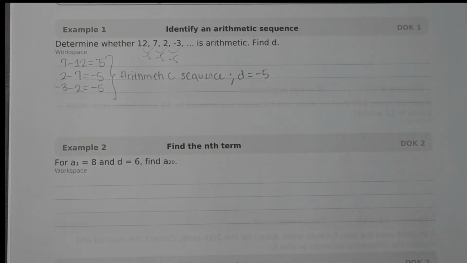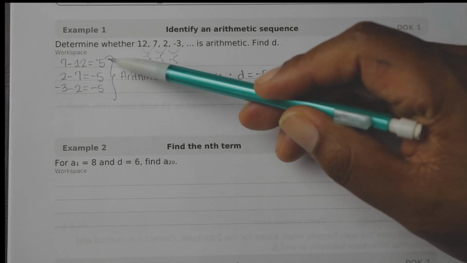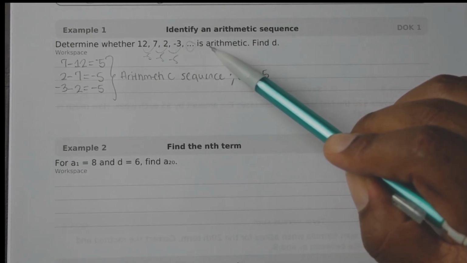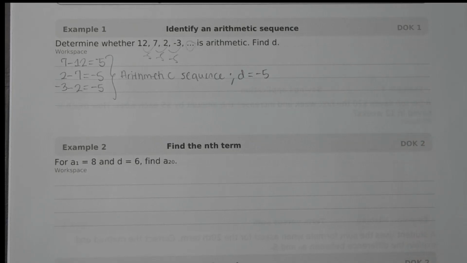Now, what's interesting is that the difference of -5 tells us there's a commonness in what's happening in this particular arithmetic sequence, and this right here tells us it's going to continue on indefinitely.